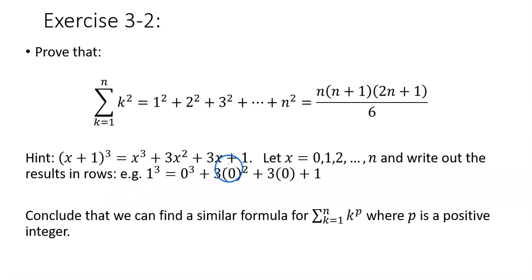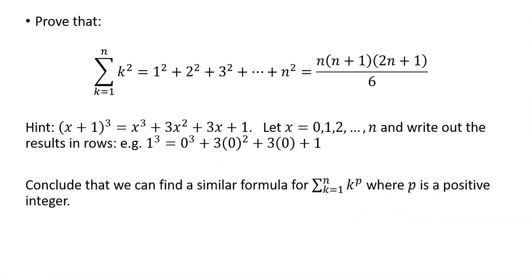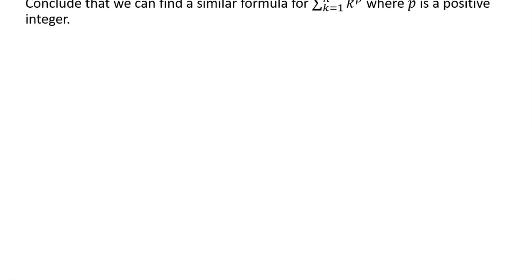For example, the first row, when x is equal to 0, is going to be that 0 plus 1 cubed is 1 cubed, and that's equal to 0 cubed plus 3 times 0 squared plus 3 times 0 plus 1. And then at the end, conclude that we can find a similar formula for the sum from k equals 1 to n of k to the power of p, where p is a positive integer. Alright, let's give that a try and see what happens.